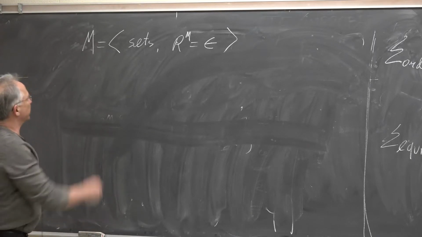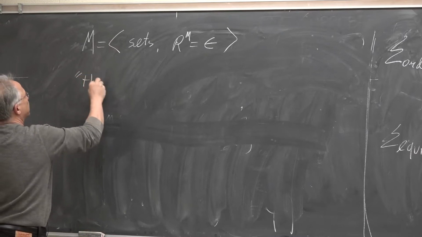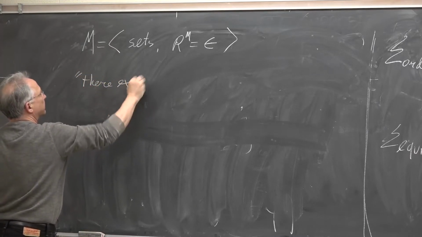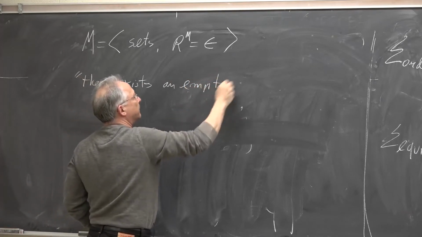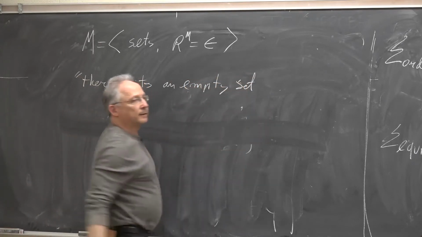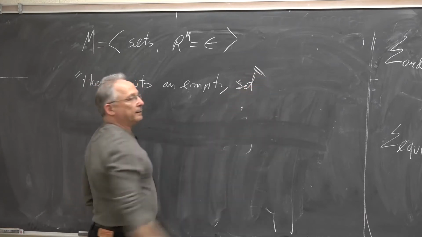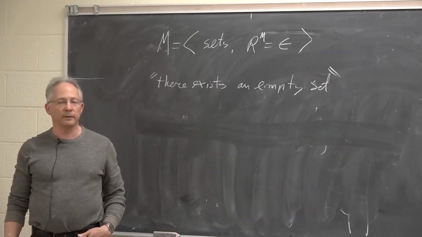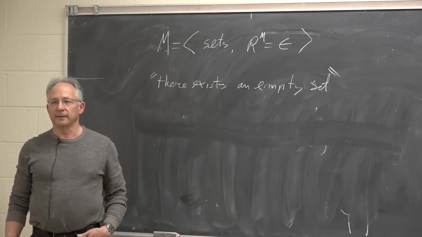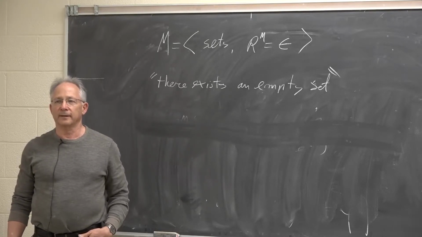So how can I say, for example, there exists an empty set? How will I write a sentence that says there exists an empty set in my collection?